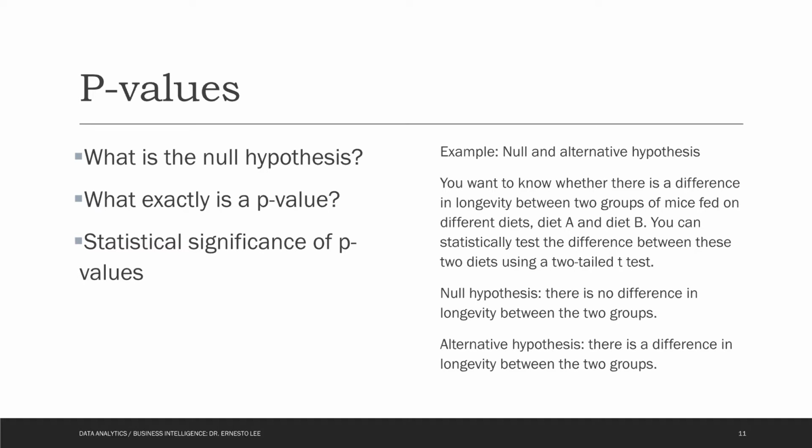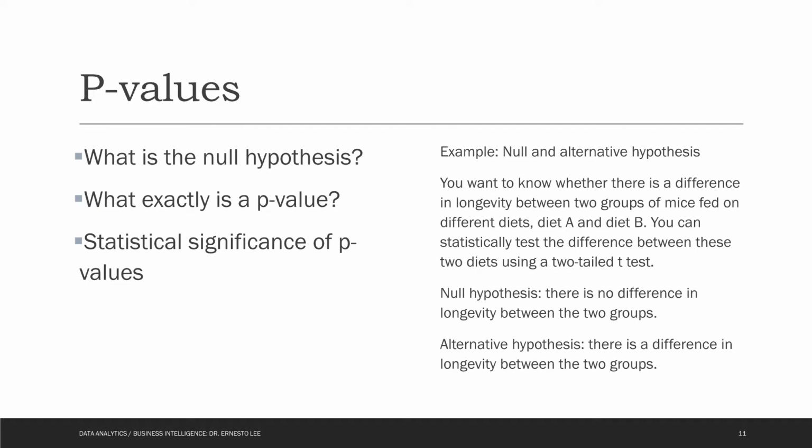One of the questions I ask in the slide is, what is the null hypothesis? All statistical tests have a null hypothesis, and for most tests, the null hypothesis is that there is no relationship between your features, or however many features you're comparing in your data set.